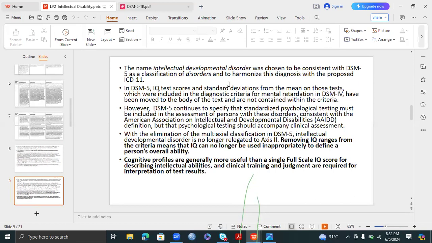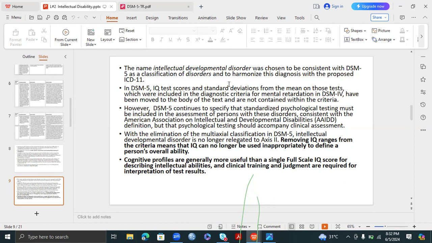Removing the IQ ranges from the criteria meant that IQ can no longer be used inappropriately to define a person's overall ability, as we have discussed earlier. IQ, or intelligence quotient, was meant just to indicate someone's intellectual level. But that was getting stigmatized by other people, and they were being called mentally retarded. So for that sake, it was dissolved and renamed intellectual disability.